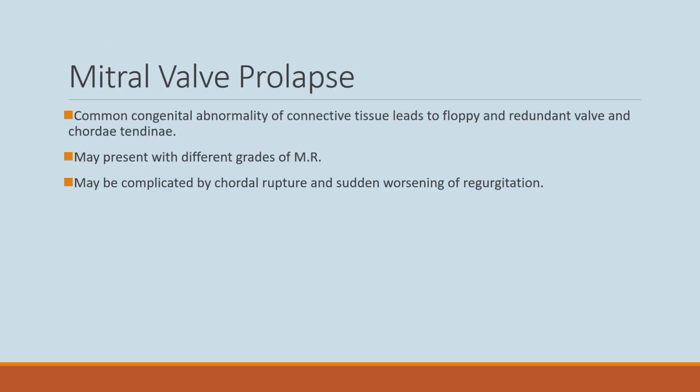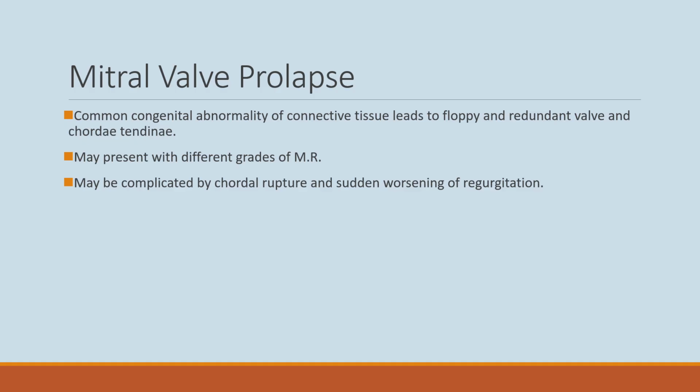Now, we are elaborating on mitral valve prolapse because it's a common congenital abnormality. It's due to weakness in the connective tissue that leads to a floppy and redundant valve, and even the chordae tendineae will be lax and will contribute to this problem.